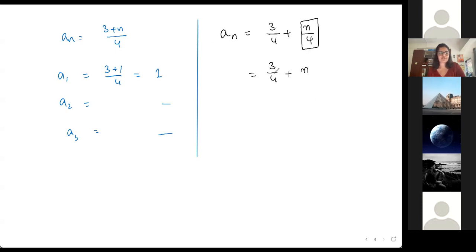So another way is you can bring this in the format of an equal to a plus n minus 1 into d. So I can write this as a plus nd minus d. If I want to write this in the format of n minus 1 into d, just manipulate it.